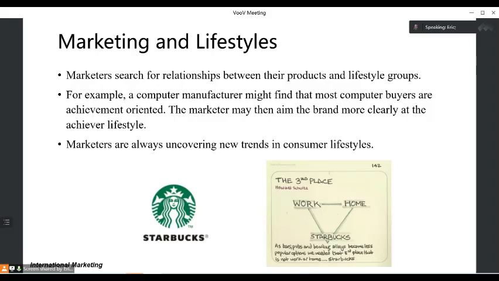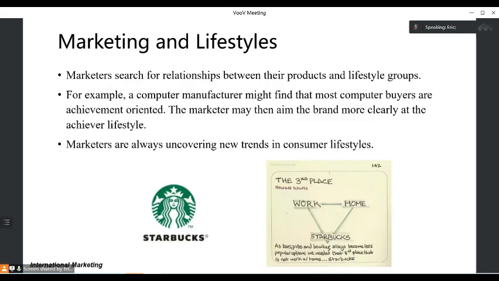Some guys want to enjoy life. Some guys work hard and don't want to waste every second. So everyone has a different lifestyle opinion, and that will affect their purchase behavior.